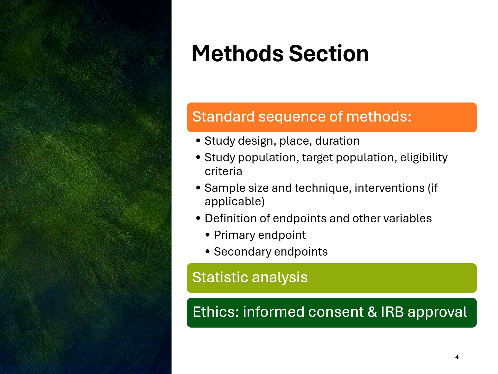And again, the last portion will be the ethics, informed consent, and IRB approval. You have to tell about the major ethical concerns, if there were any, and how you reduced them. For example, if written informed consent or verbal informed consent was taken, you have to give a clear account of that.